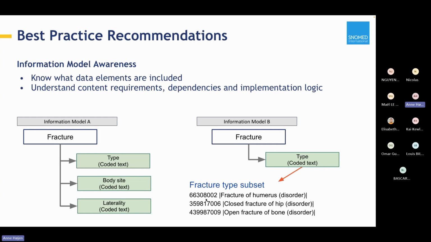So over here in model B, we could have a fracture subset that we use as the value set, including fracture of humerus, closed fracture of hip, open fracture of bone. The binding could have been like all the descendants of fractures of bone. So that would include those that have some specific body side and have some specific morphologies represented.